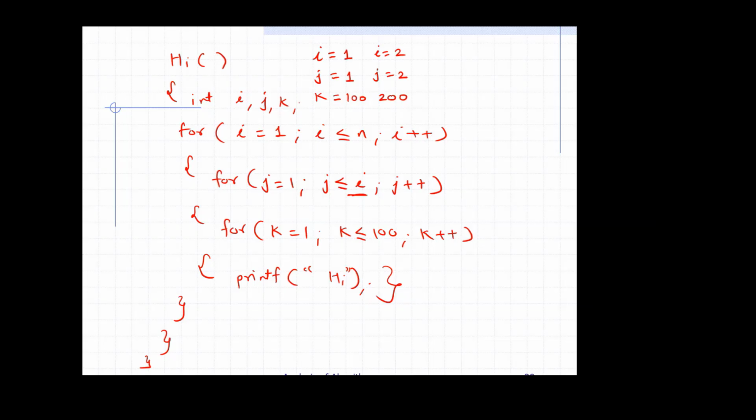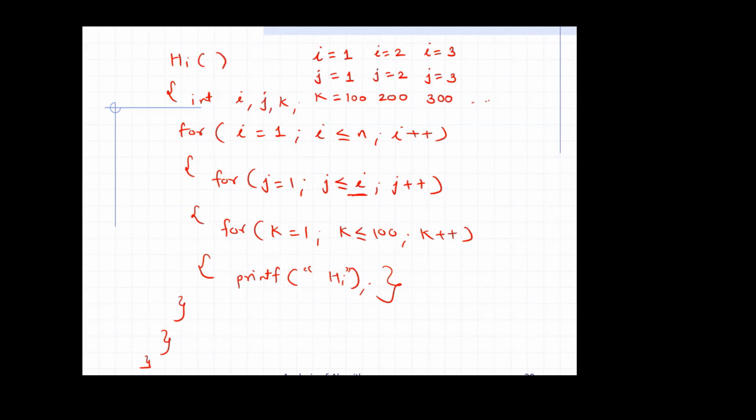Now our outer loop is still going to go till n. So next time it is going to increment, it is going to become 3. So what will happen to j? Again, the value is limited by whatever is the current value of i. So j also executes 3 times. Every time it executes, it's going to print hi 100 times. So if it is executing 3 times, how many times will hi be printed? 300 times.